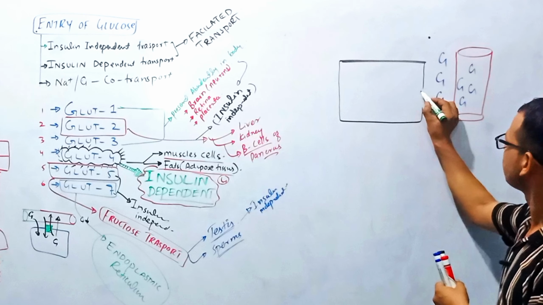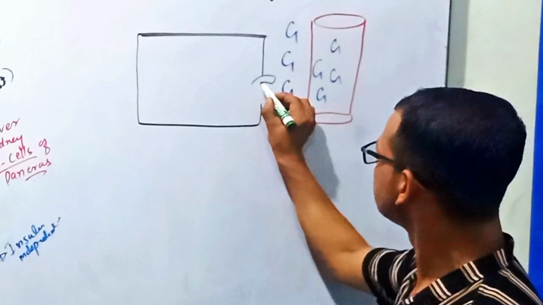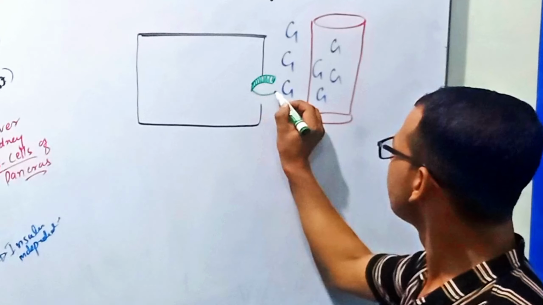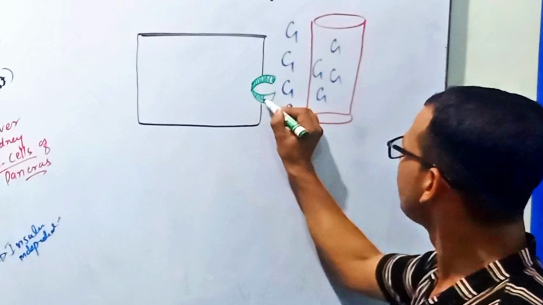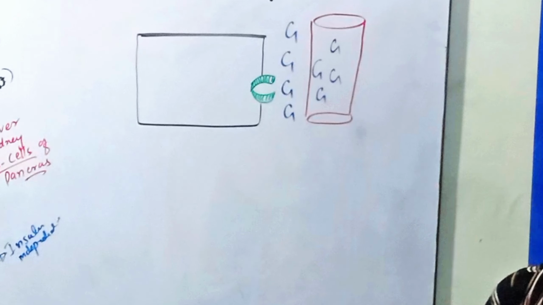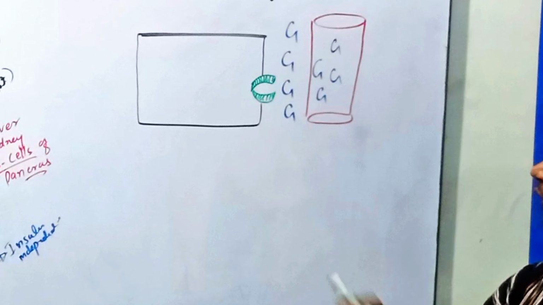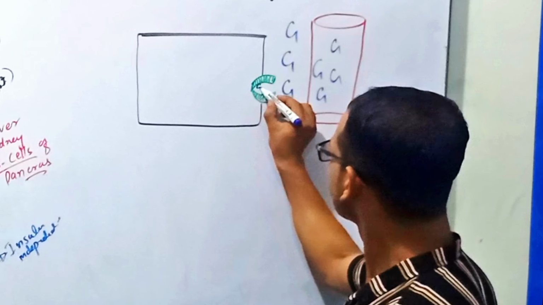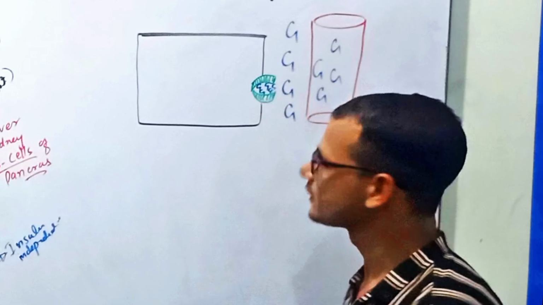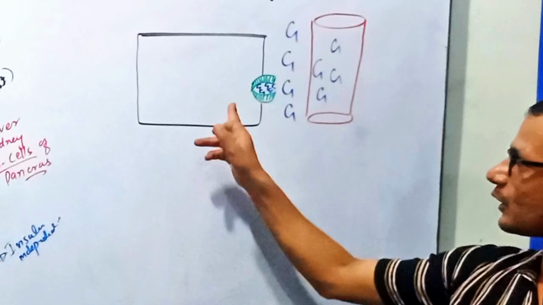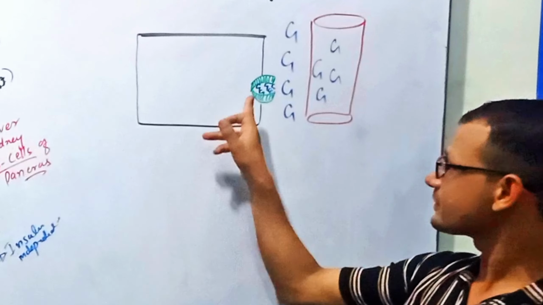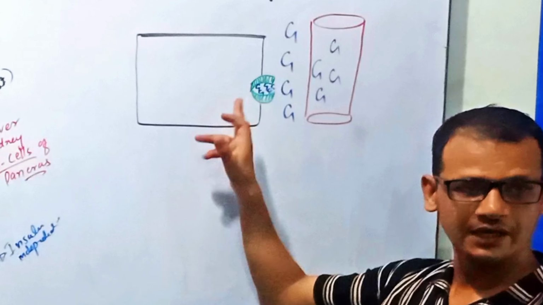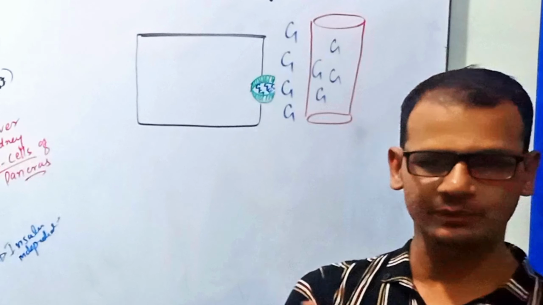It is like this, and it will attract the glucose towards itself. So for example, glucose came and is stored here. When the glucose is needed inside, this protein, this facilitated intrinsic protein, undergoes some conformational change.